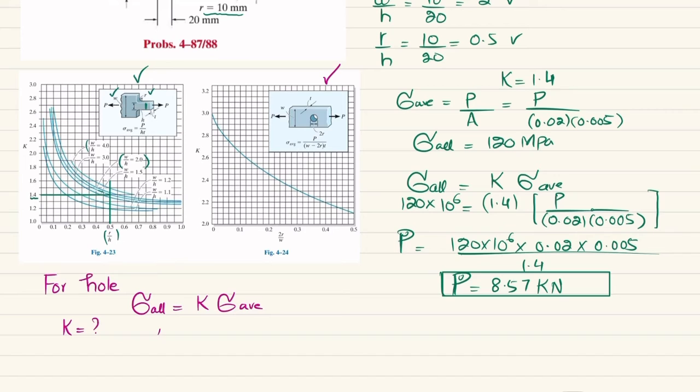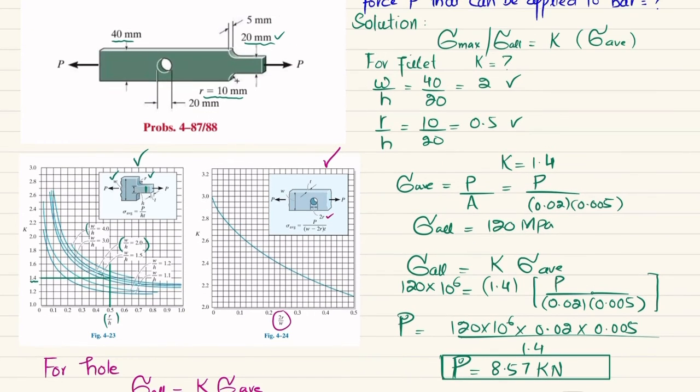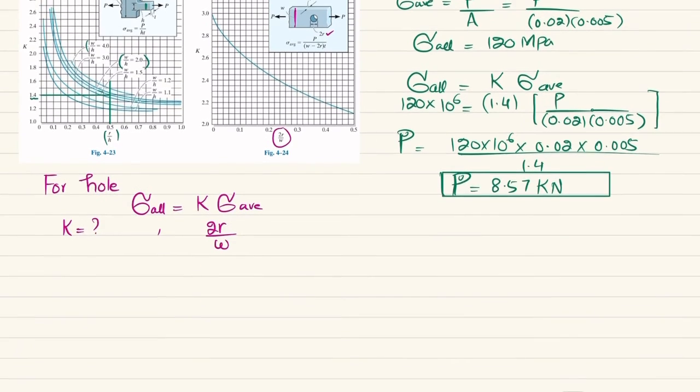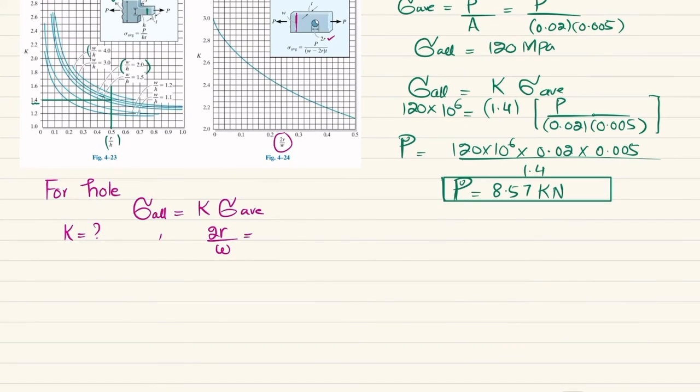For that we need 2R by W. So what is 2R? 2R is the diameter of the hole, which is 20 millimeter, and W is 40 millimeter, which is the maximum height of the bar. So I will write 20 divided by 40, and that will give you 0.5.